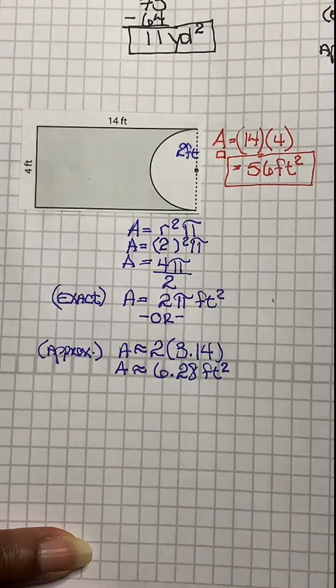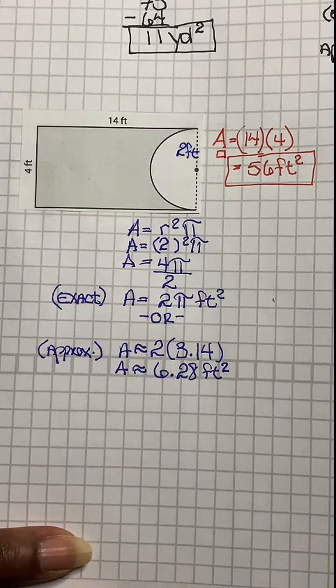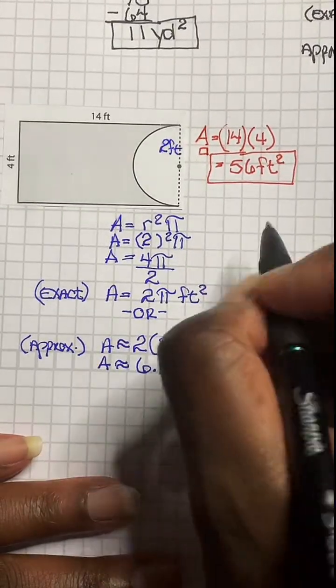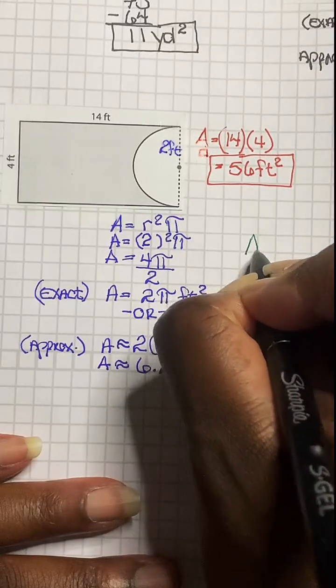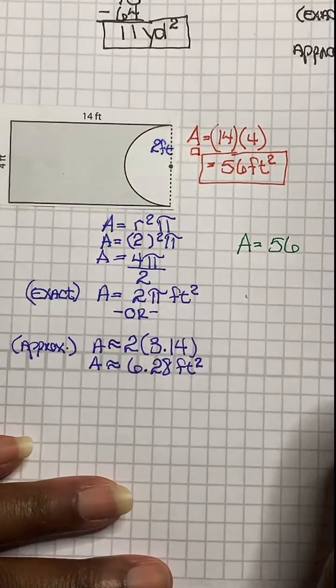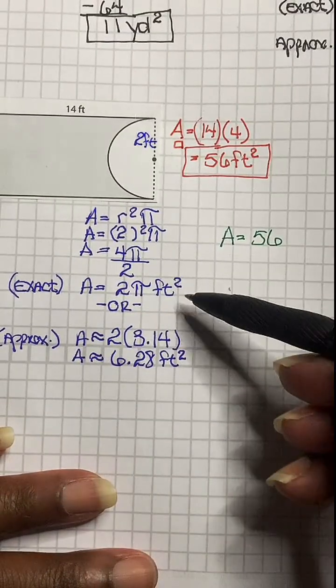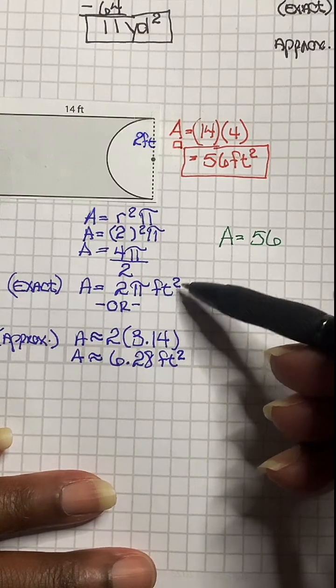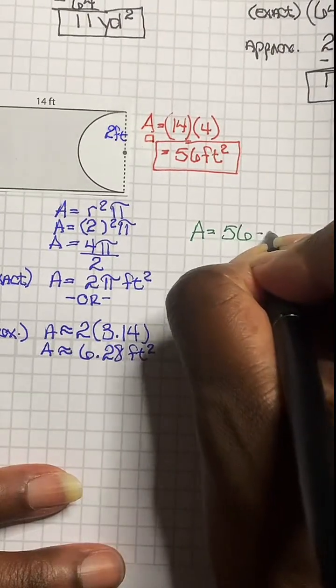So if I go with my exact, I'm taking the whole thing, which is my 56, and then I'm going to subtract what we got for the exact area for the semicircle, which is 2 pi.